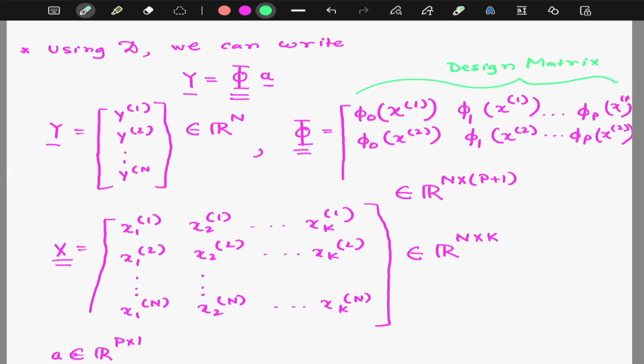So it becomes linear also in the feature space. Remember, I told you last time that linear regression is linear in the parameter space. It is not linear in the feature space. These two will be the same when it is also linear in the feature space. Kind of obvious.